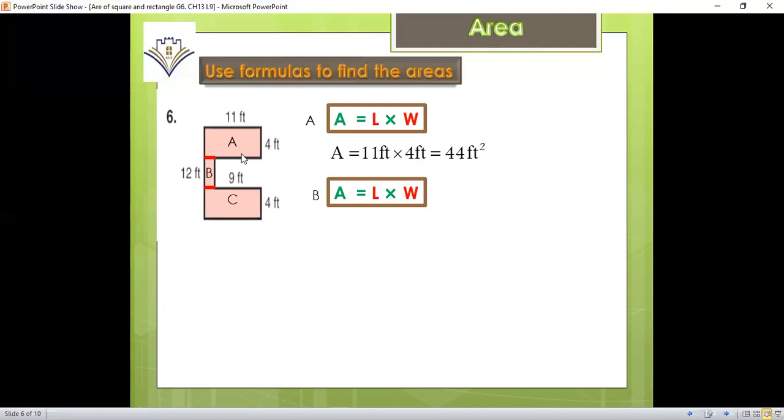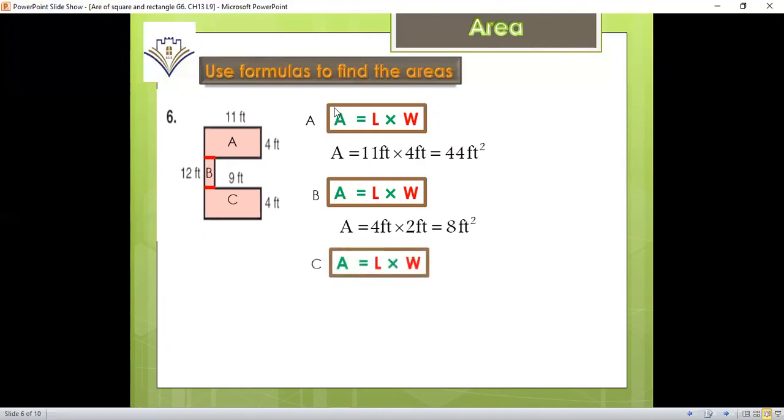Then 11 minus 9 equals 2. Then the length of this red line is 2. This 2 and this line is 4. Then the area equals 4 feet multiplied by 2 feet equals 8 square feet.